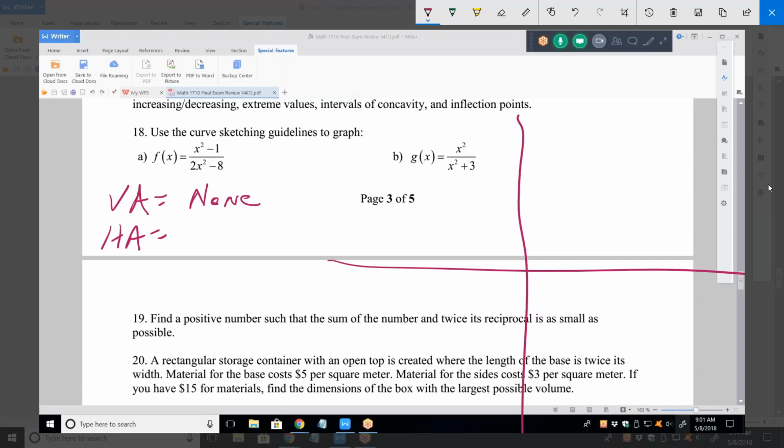Horizontal asymptotes. 0. No. Remember, the powers are the same. Oh, wait, yeah, so it'd be 1. All right, now. Let me think for a moment how we're going to do this. Is there an x-intercept?